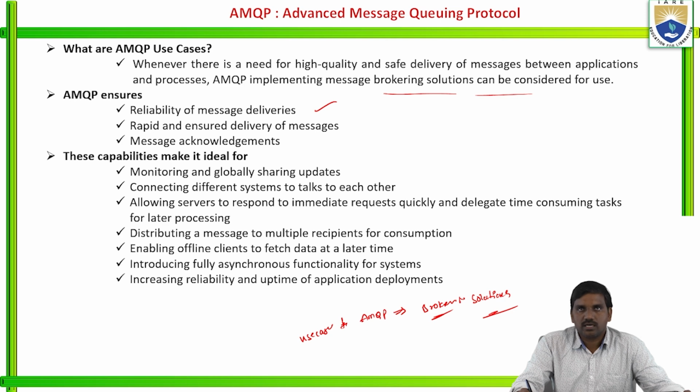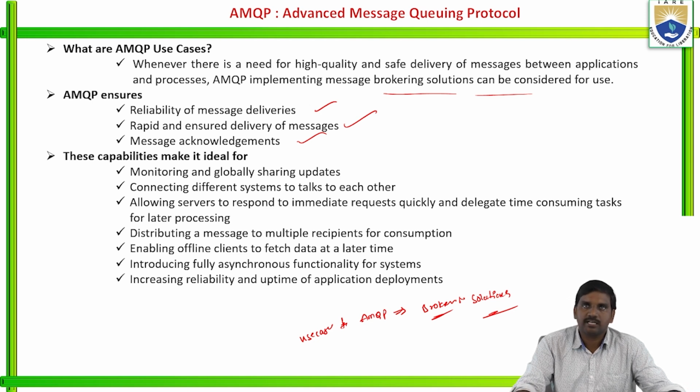The first one is rapid and ensured delivery of messages; the second one is message acknowledgement. When the receiver receives the message, it can send an acknowledgement to the sender, confirming that your message is received at the receiver. Like that, it ensures reliability of message deliveries.